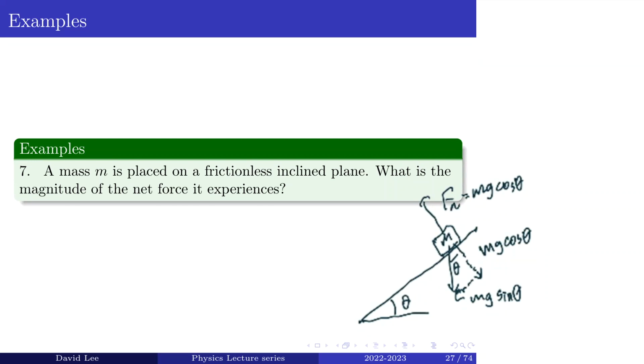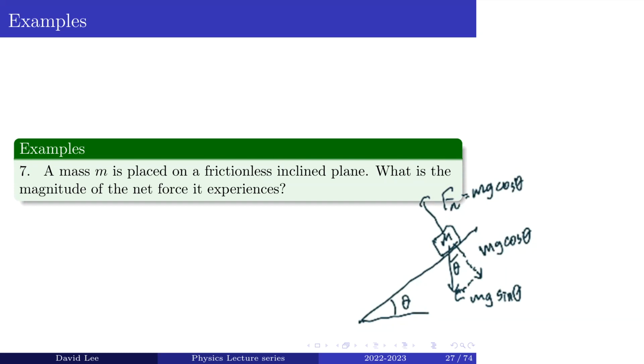And now, what's going on here? The block cannot accelerate into the plane, right? And it can't accelerate out of the plane. So the acceleration perpendicular to the plane must be 0. And that's why our normal force has to be equal to mg cosine theta, because that will balance out the perpendicular component of our gravity.